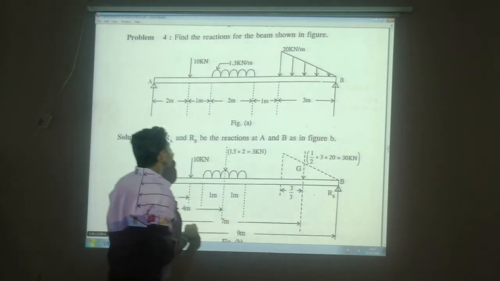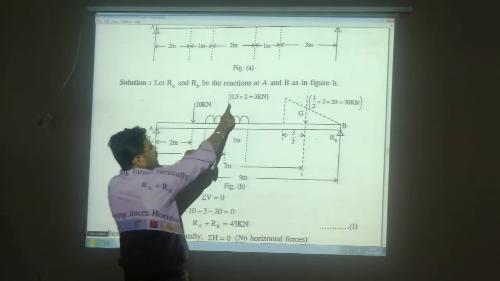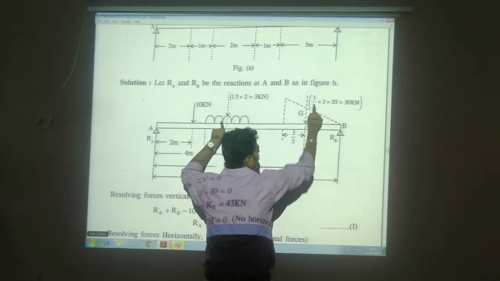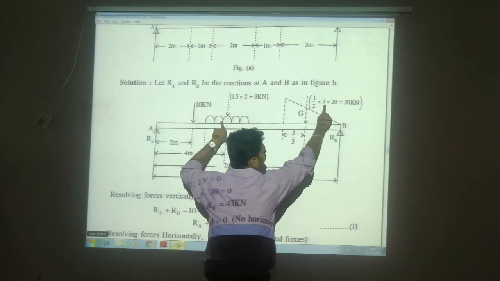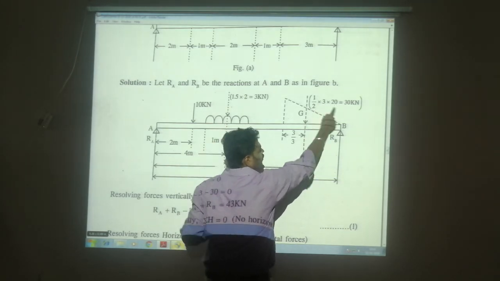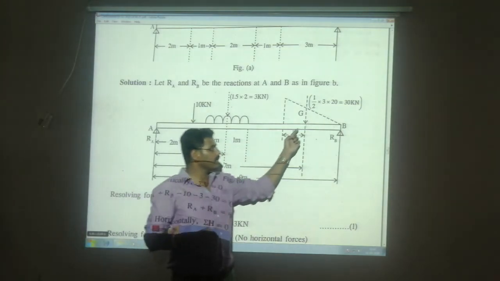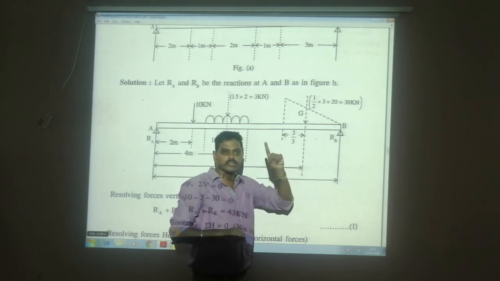Okay. So now the free body diagrams. RA, 10. Here it is 1.5 into 2 is 3. Then here it is half into base into height, half into 3 into 20. So 2 threes are 6, 60 by 2 is 30. So 30 kilonewton is the total load of UVL, which is acting at the center. From the larger end, it is 1/3 of the distance, that is 3/3, it is nothing but 1 meter.